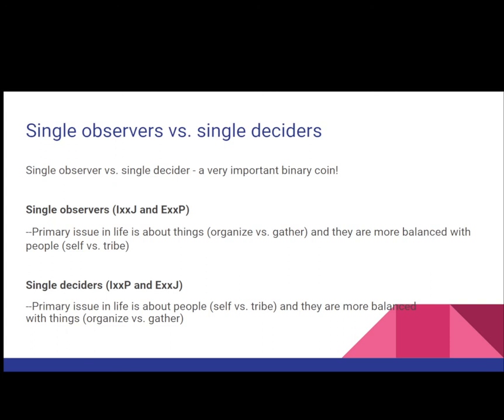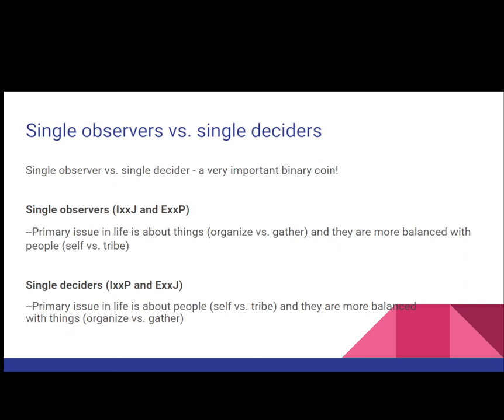Now, they're going to be more balanced with the people side of things because, again, those functions that pertain to self and tribe are in the middle. So they can easily go back and forth between paying attention to their own self needs versus the tribe needs, balancing them out. And they can also more easily see both sides of themselves. They can see both the good and the bad in themselves as well as other people.